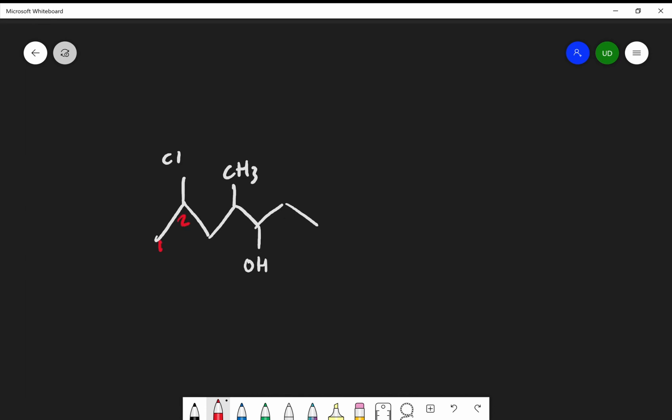But in this case, since we have an alcohol present, you want to give that alcohol priority over the other substituent. So your numbering will start from right to left. So it'd be 1, 2, 3, 4, 5, 6, and 7. So since we have 7, our parent group is heptanol. There you go. Heptanol, because there's an alcohol present, so the ending changes.